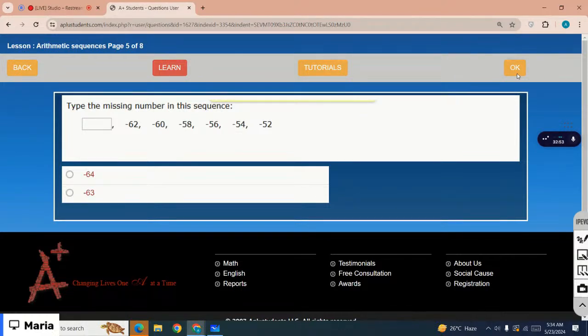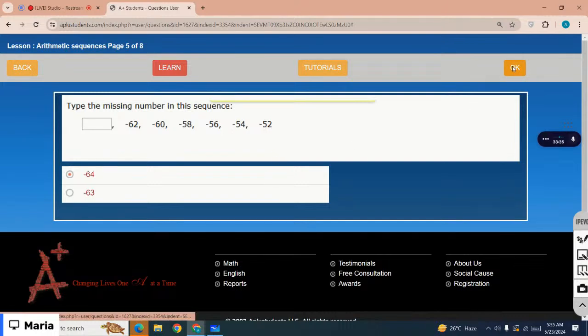So which is the correct option? The correct option is negative 64.